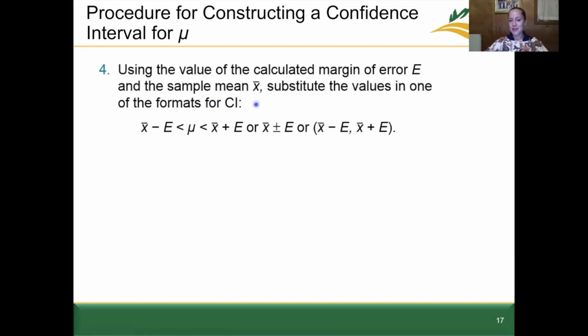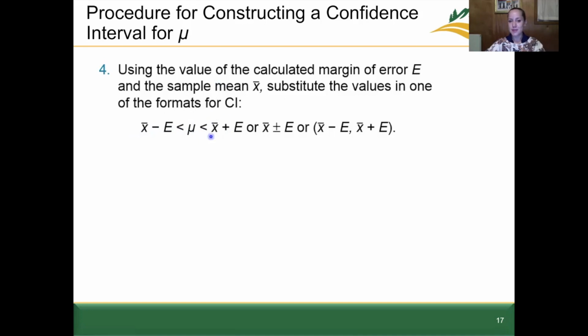This should sound familiar to 7.1 again because we took P hat plus E and P hat minus E. Here in 7.2 so far, we're going to take X bar minus E and X bar plus E. Remember that X bar is our sample mean. It can also be considered a point estimate here. Then we find X bar minus E, we plug in that value there, then we still have mu, our population mean, in the middle.